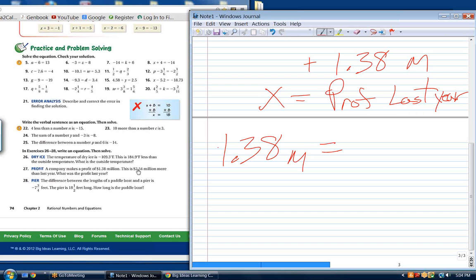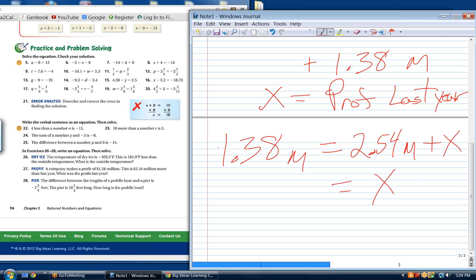Well, if it's 2.54 million more than last year, what's the right side of this equation look like? That would be 2.54 plus x. There you go. And now how are you going to solve for x?